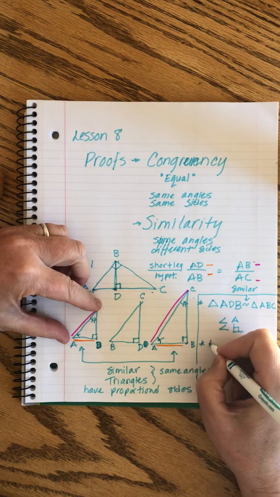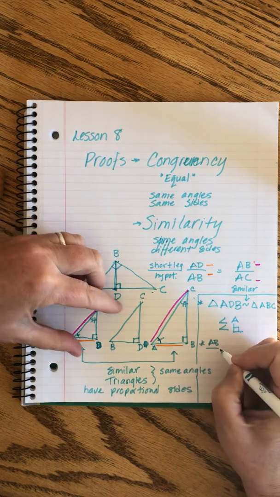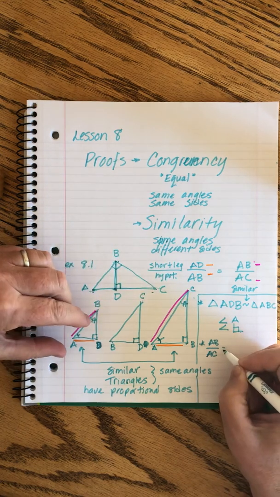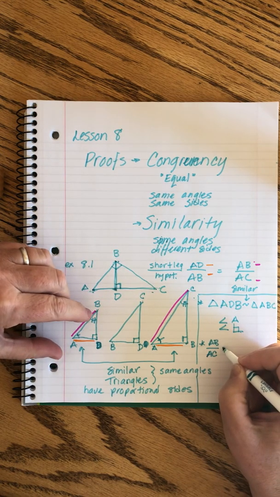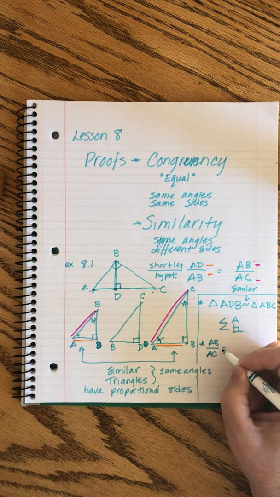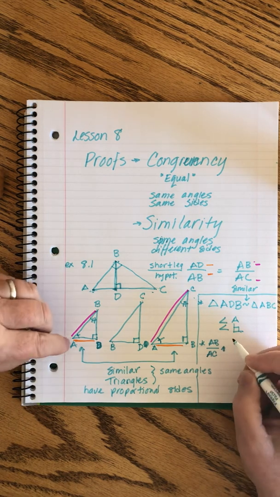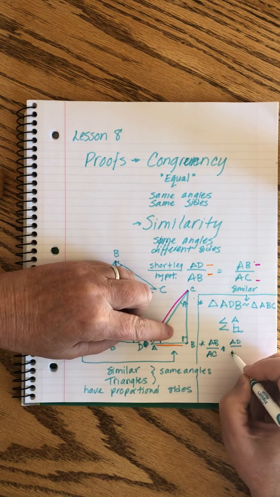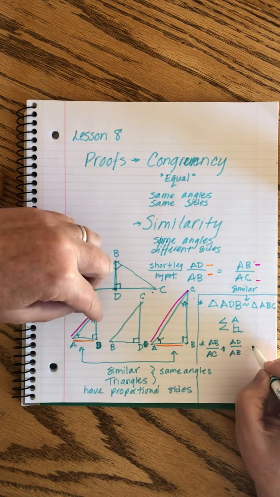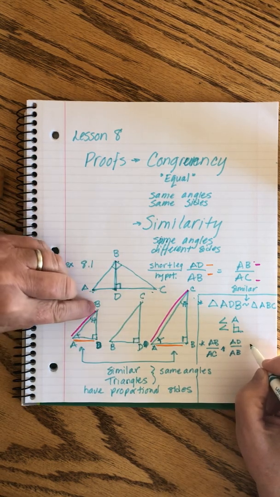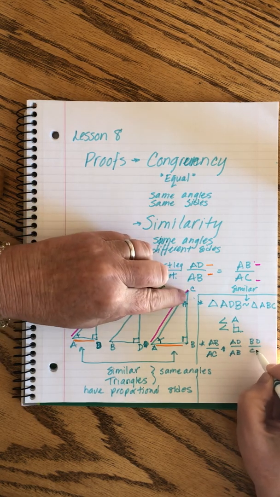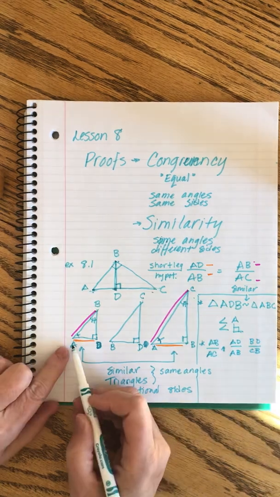So that means that AB is proportional to AC, and it means, I don't want an equal sign there, and it means that AD is proportional to AB, and it means that, we'll start at the top, BD is proportional to CB. Okay, so I wrote those segments.